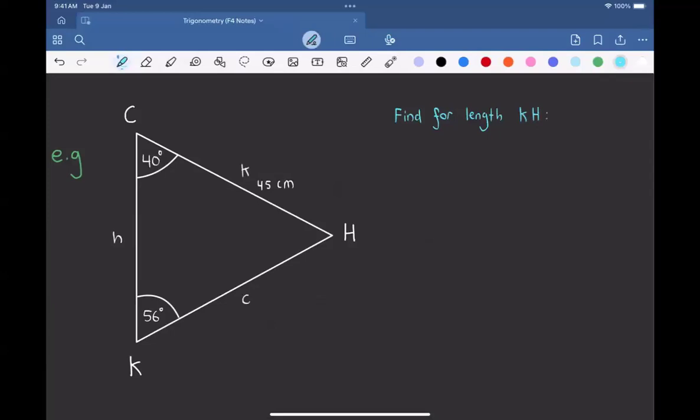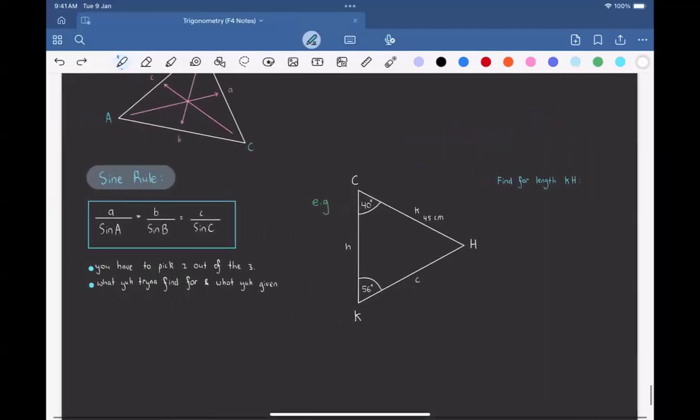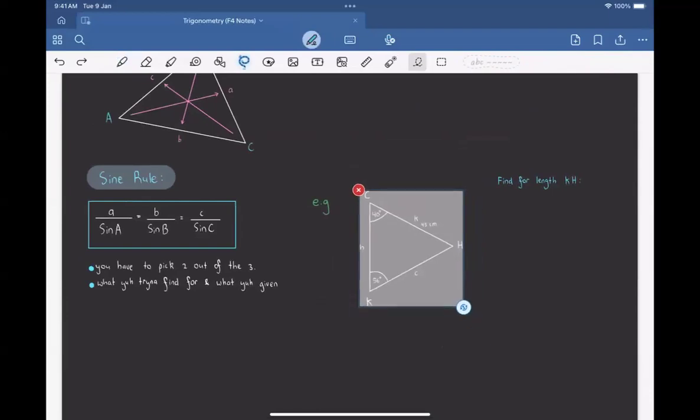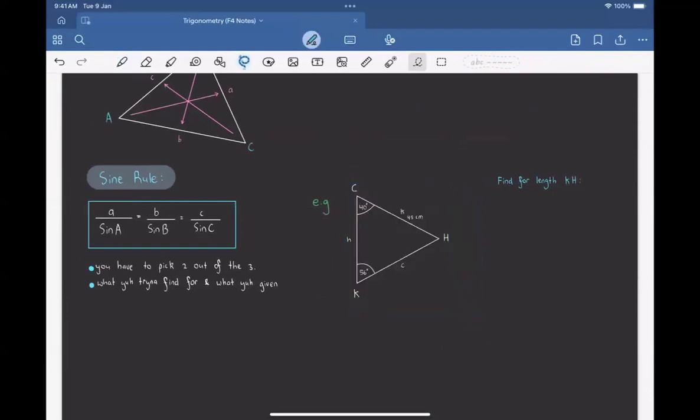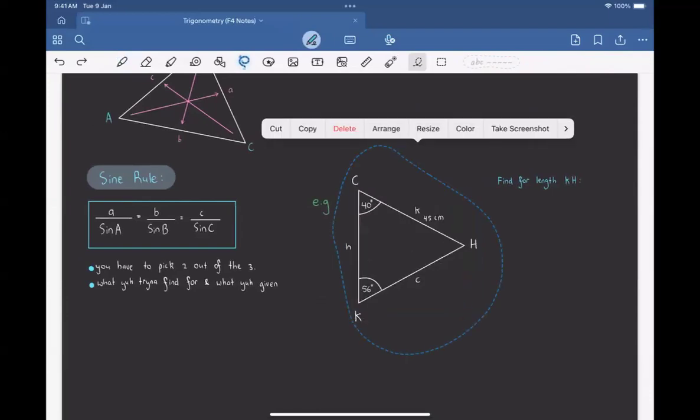Rihanna, since you're the veteran here, you know how to do this. I want you to write the sine rule in terms of H, C and K. So instead of A, B, and C, I want you to use H, C and K.